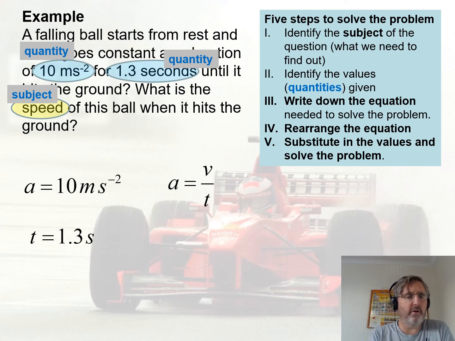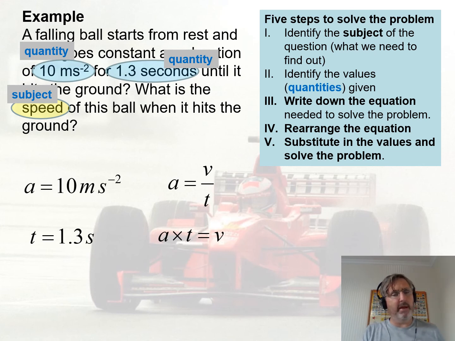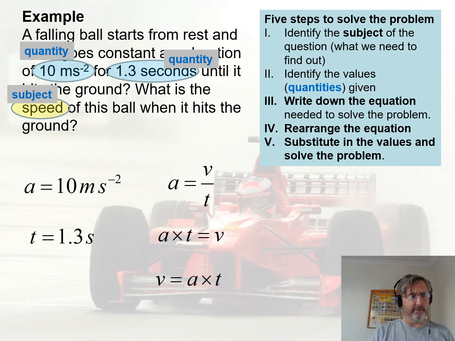When I move it across the equal sign, it's going to be multiplied to the acceleration. It goes from the bottom on one side to the top on the other. So acceleration times the time equals velocity. I'm just going to flip this around, because I like to have my subject on the left hand side. Okay, so here's my rearranged equation. We learnt this in the last set of slides. Now I'm going to substitute the values in.